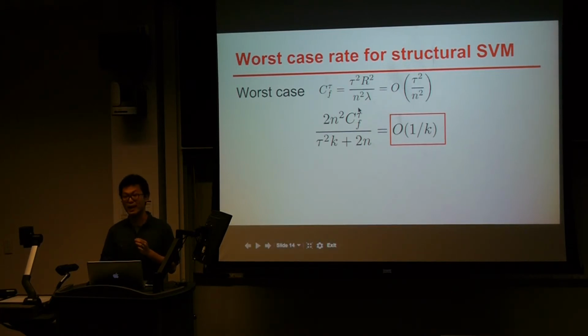If we plug this back into our convergence rate, we can see that the tau cancels out, and we end up with the same convergence rate regardless of tau. This is very disturbing. It means that if we increase the number of machines and the size of the mini batch, it doesn't actually improve the rate of convergence, theoretically, in the worst case.